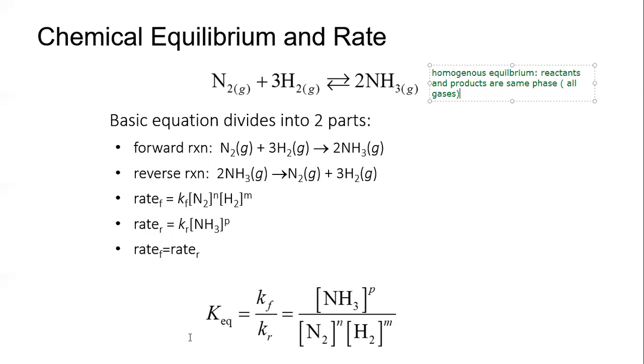And so what we do is we take the reaction, we put the products over the reactants, and then the coefficients of the products and reactants become what we raise those concentrations to.